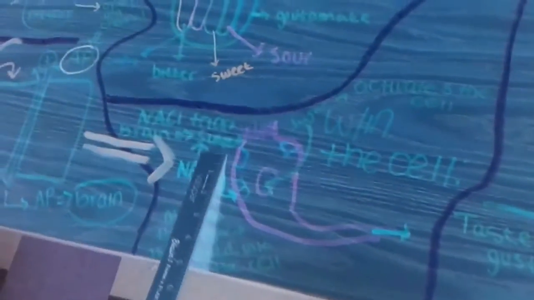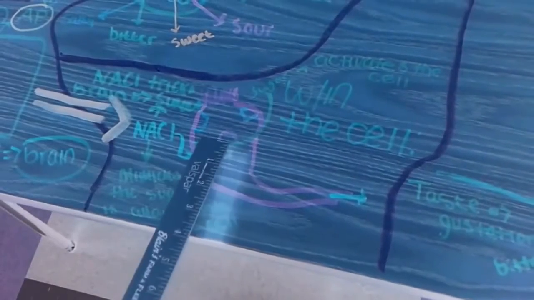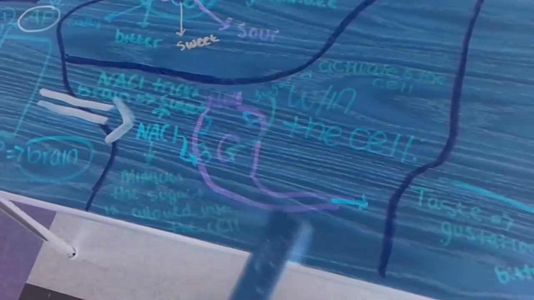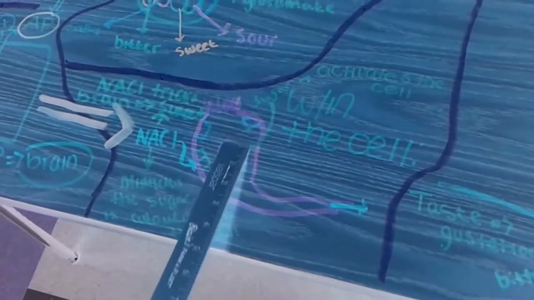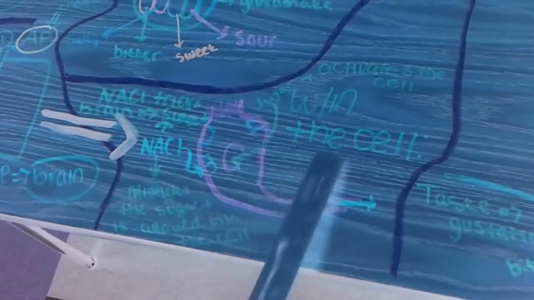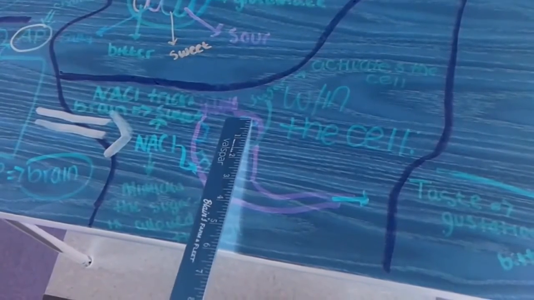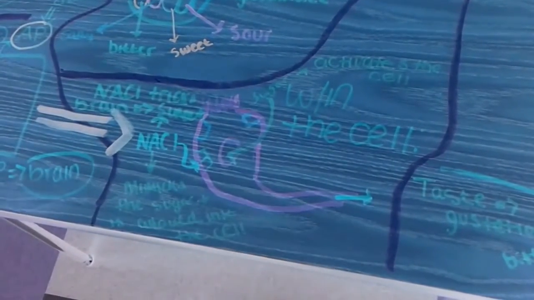The NiCi tricks the brain into thinking that it's sweet, and when it does, it can go into the cell, and it mimics the sugar and is allowed into the cell. And when it's allowed into the cell, the sugar and the sweet mix together and they bind together, and they make gustation. And gustation is the main taste that is sent to the brain.